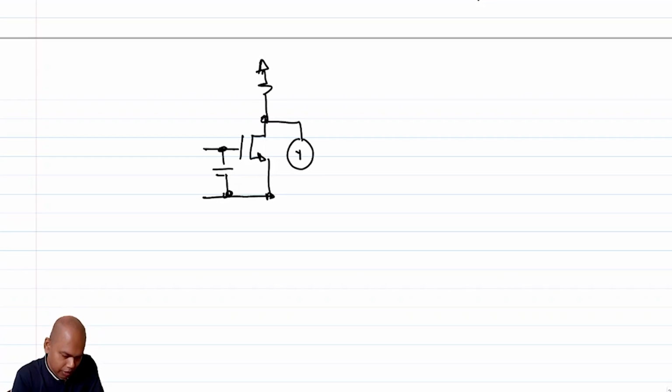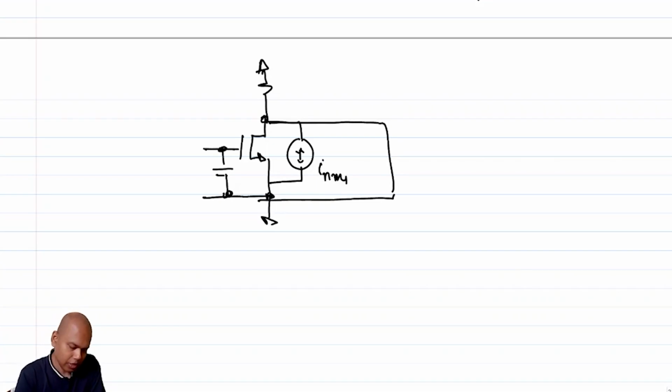If I am only taking into account the noise contribution from M1 and not from RL, then the M1 noise is IN M1 and the short circuit noise current is IN M1, and it does not have any contribution from RL.